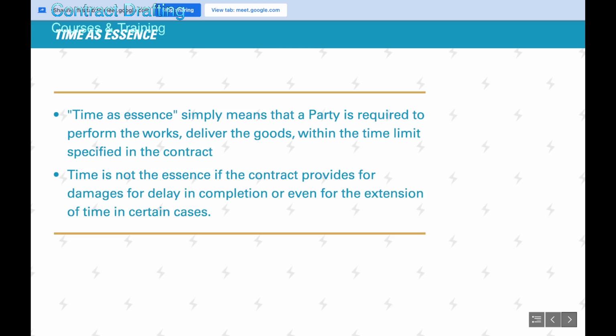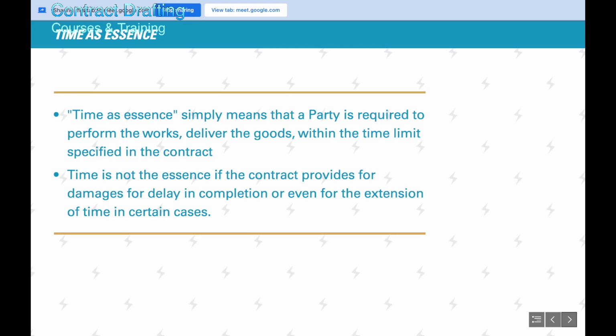These types of clauses, in addition to the sale of goods contract, are also found in EPC contracts. So large ticket size contracts or construction contracts or EPC contracts, they involve huge amounts of money, manpower, material. Therefore, timely performance is a key ingredient.